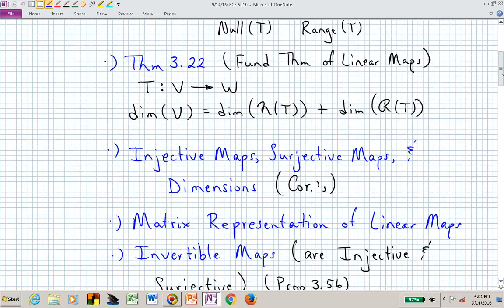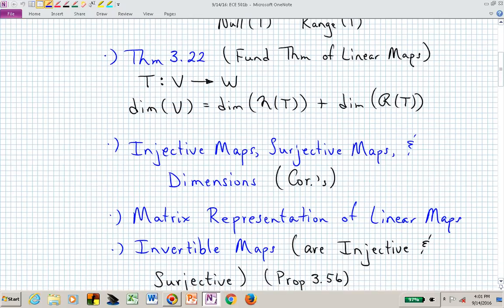That leads us into the fundamental theorem of linear maps, which is a relationship between dimensions of these different subspaces, where the dimension of your input vector space, capital V, is equal to the dimension of the null space, which is a subspace within the input vector space, plus the dimension of the range space, which is a subspace of the output vector space.